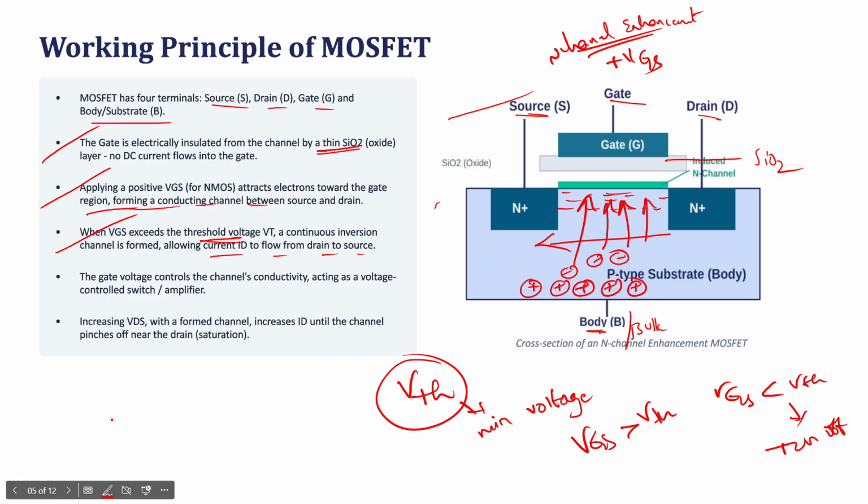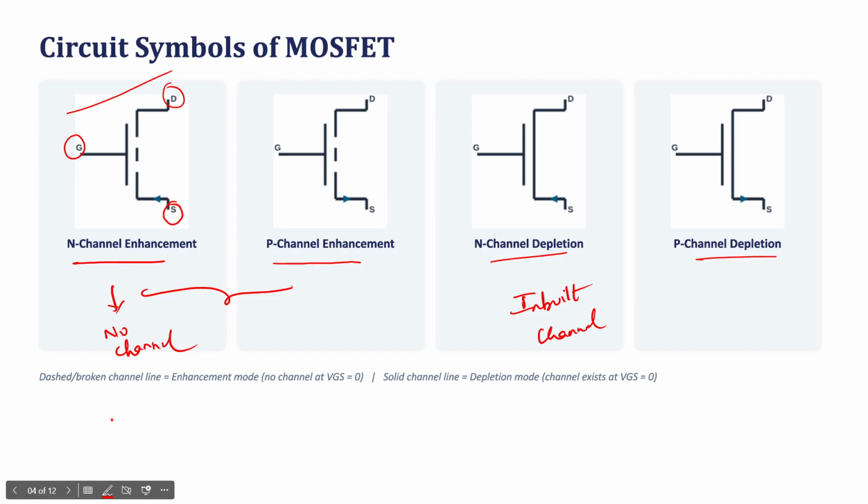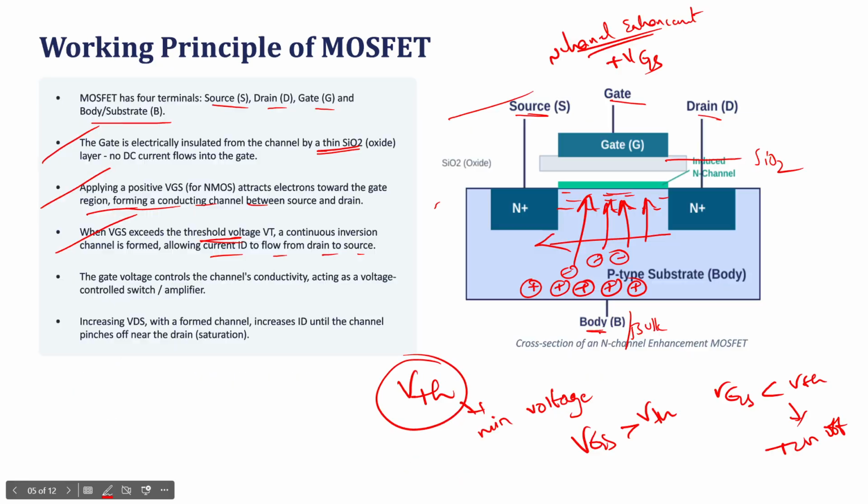See here, the flow of electrons is from source to drain, while the flow of current is opposite to the flow of electrons. That's why the electrons move from source to drain, and the current goes from drain to source.